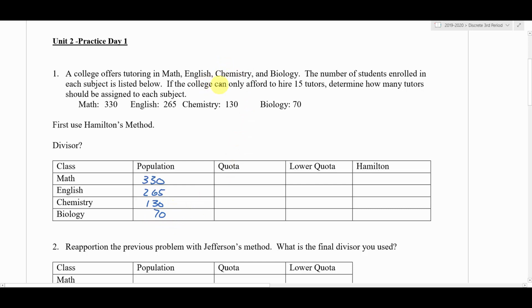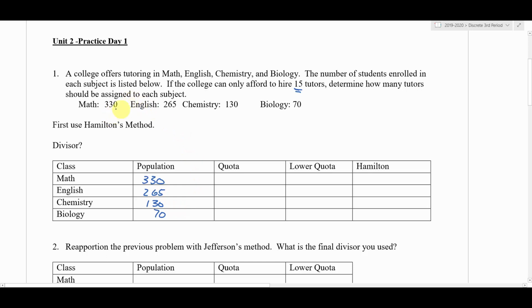And it says the college can only afford to hire 15 tutors. So they've got some money that they're going to use to hire tutors with, and they're not sure how many tutors, like how many math tutors to get, English tutors, chemistry tutors, biology, so forth and so on. So to figure that out, they're going to use an apportionment technique to apportion the tutors to each subject based on the number of students in each subject.